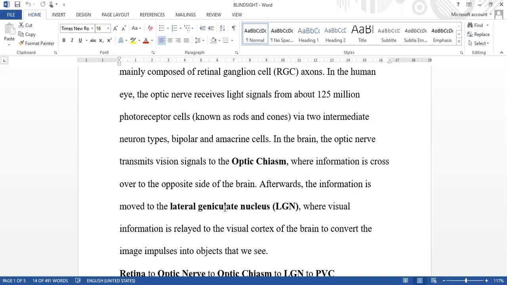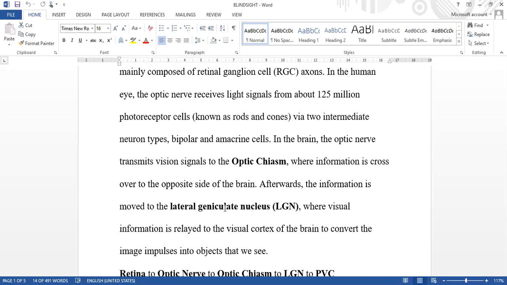So the optic chiasm will make sure that if the information was picked by the right eye, the optic chiasm would project this information to the left part of the brain. So that means the left thalamus will be the one to pick that kind of information. And within the thalamus, we have a specific region solely for visual information.